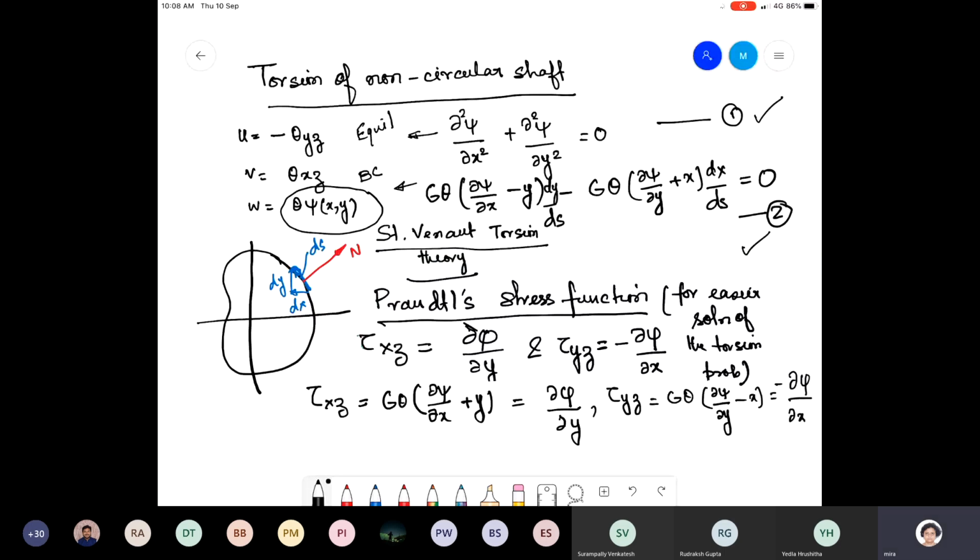Now, from these two equations, I will try to eliminate the warping function psi and get a relation on phi. Let me do that.